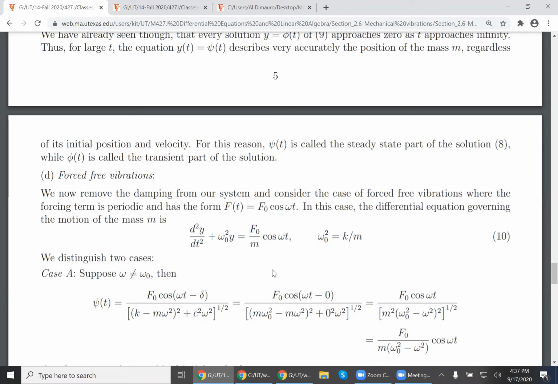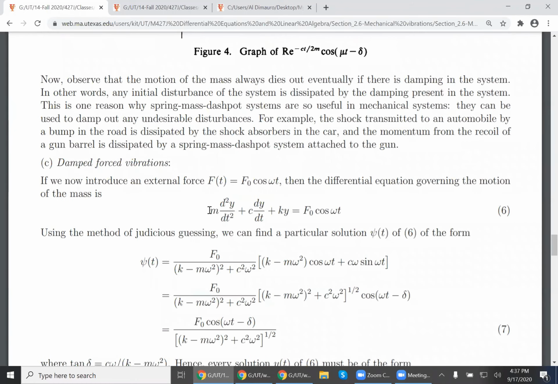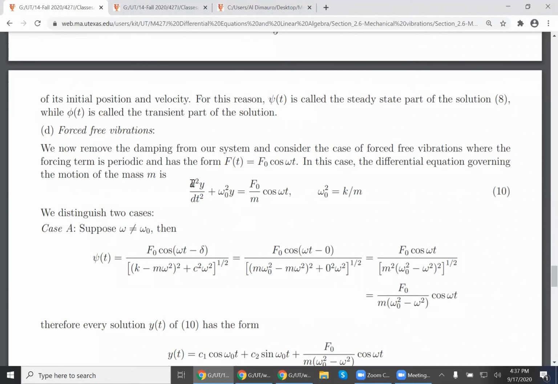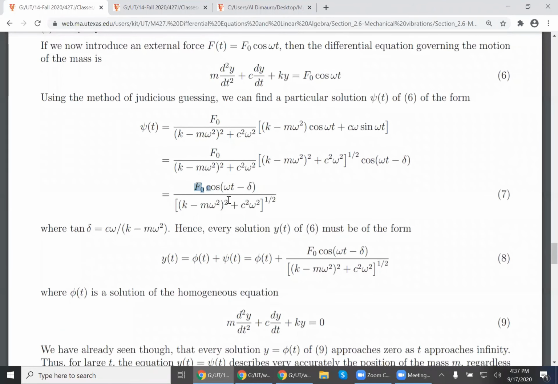Before we discuss these cases, note that what is written here is a particular case of this, when c is equal to 0. Therefore, a particular solution of this immediately follows from this general formula if c is equal to 0.